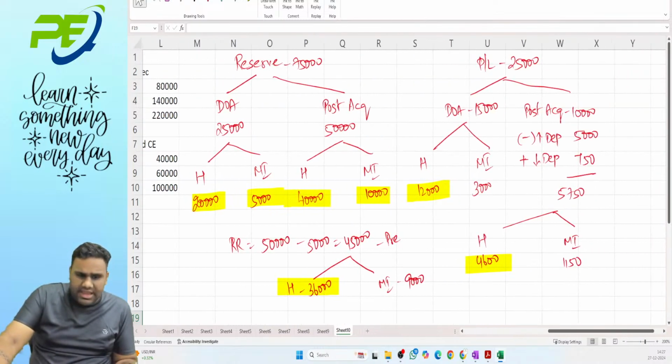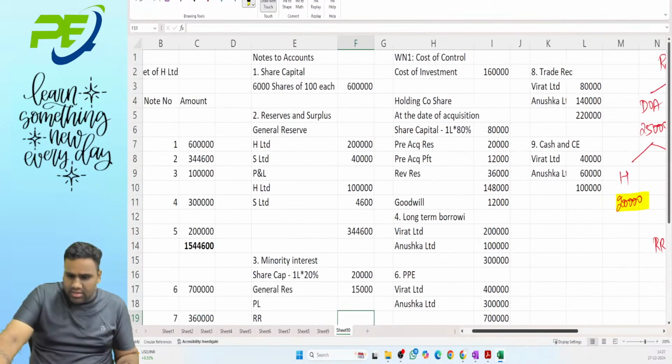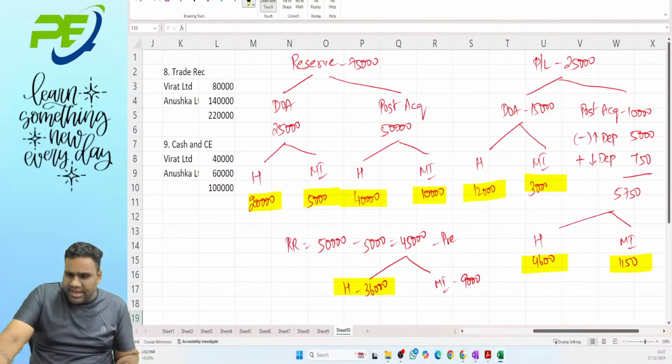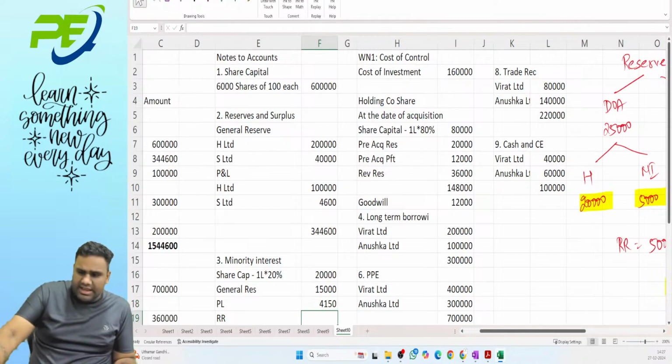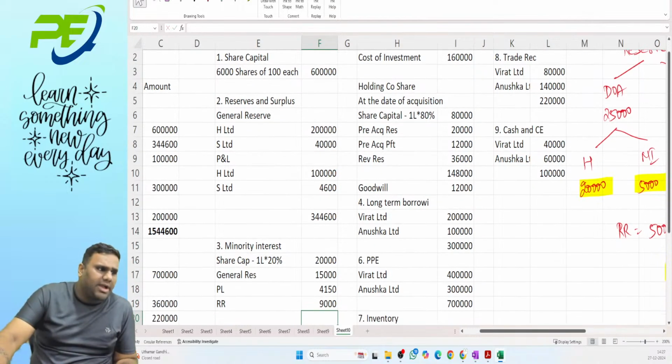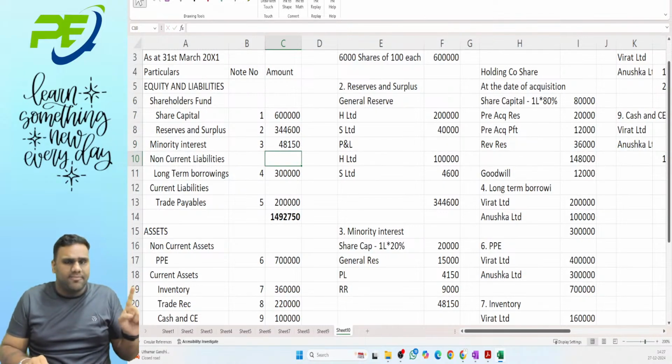So PNL 3,000 and 1,150, so 4,150. And revaluation reserve 9,000. That's all. Minority interest 48,150. Everyone till here, is it clear?